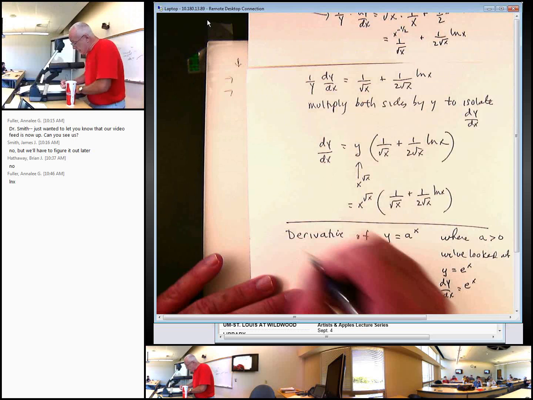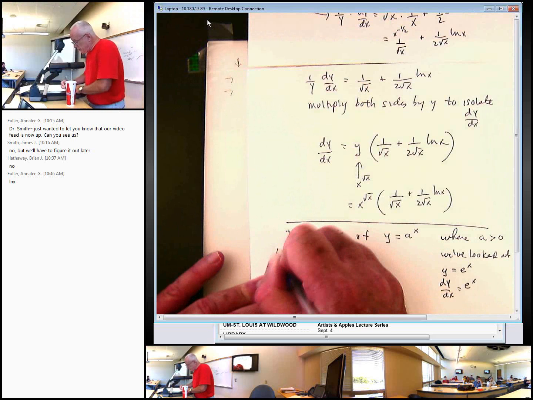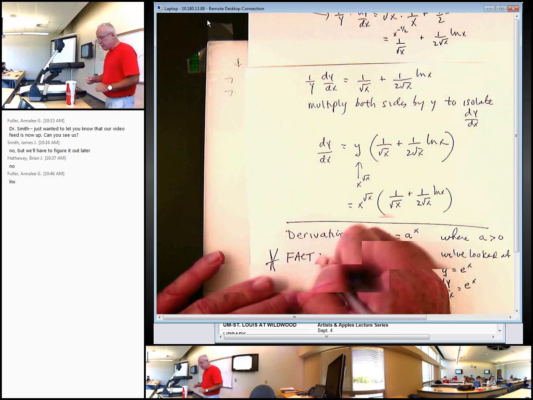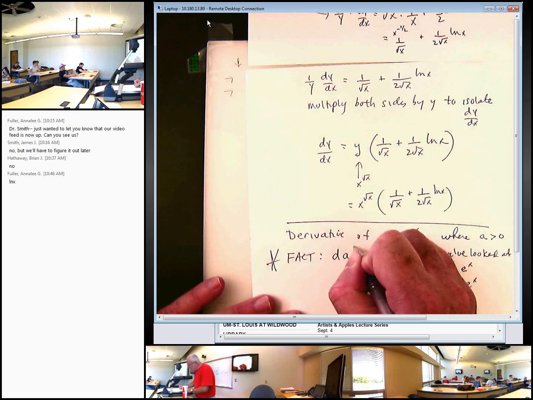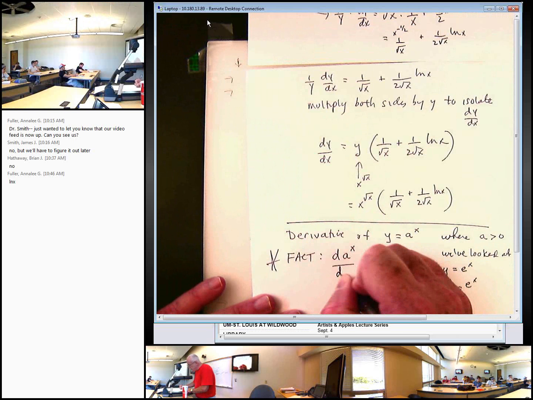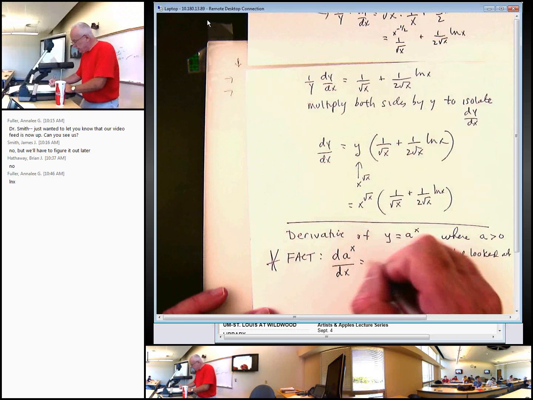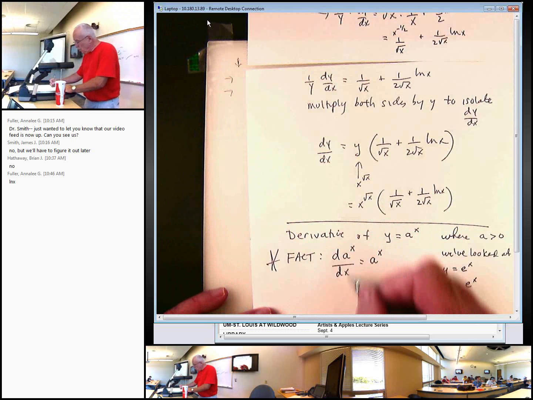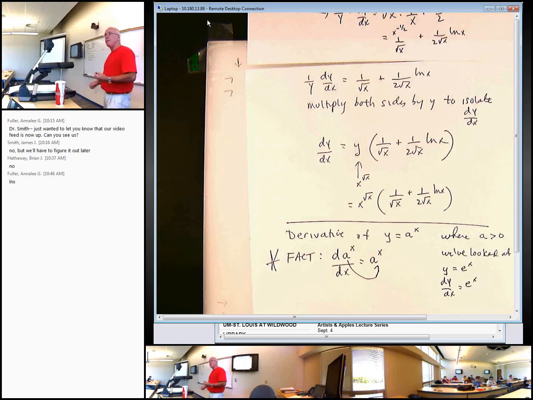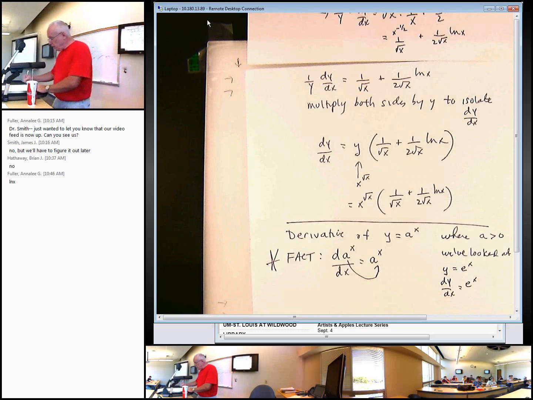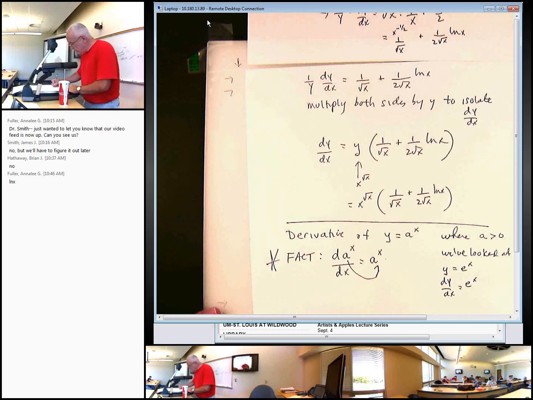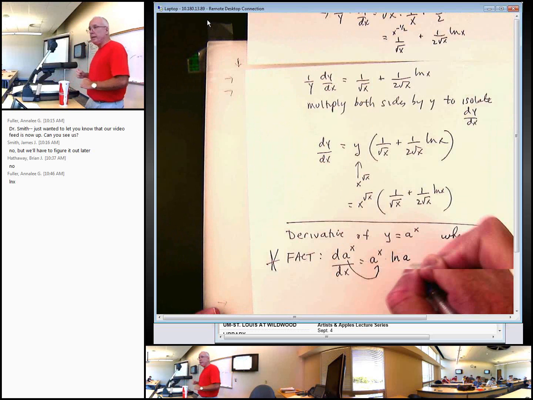So the fact we need to remember, asterisk here, is that the derivative of a to the x power dx is equal to a to the x power. So again, we repeat the original function, a to the x, but we then multiply it times the natural log of that base.